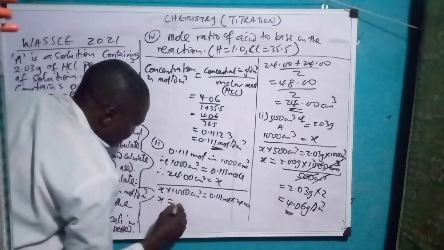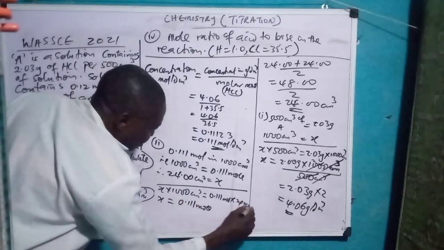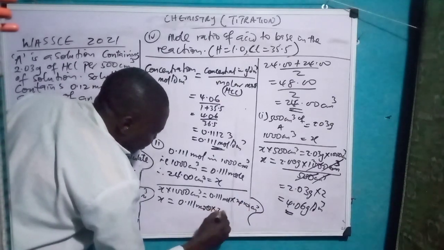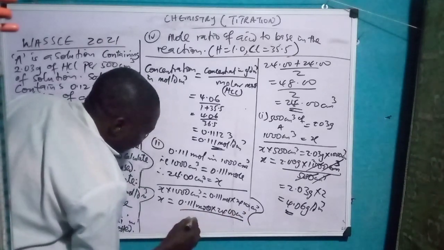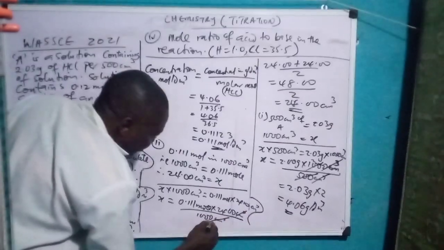x equals 0.111 mole times 24.00 cm3 over 1000 cm3. cm3 cancels cm3.